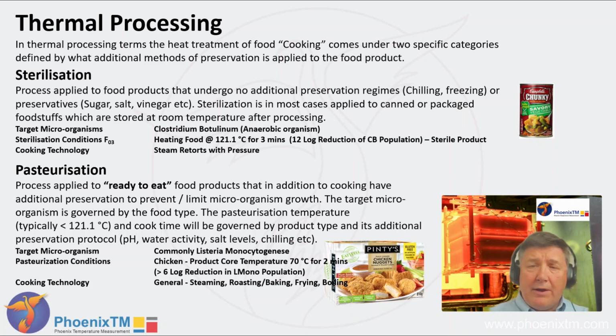This generally applies to canned products, whereby the product itself will be sitting on a shelf in a supermarket or a shop with no freezing or chilling or additional preservation methods in place.